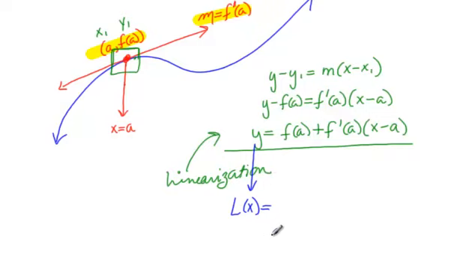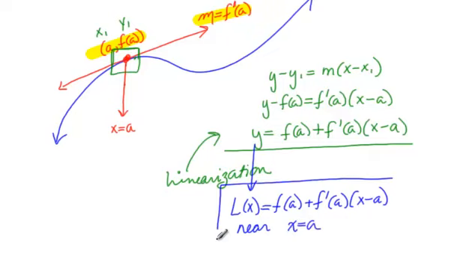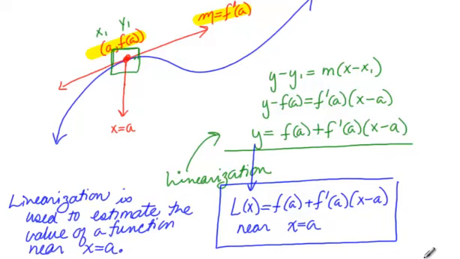So we say L of x equals f of a plus f prime of a times the quantity x minus a, and we say this is a linearization near x equals a. And what do we use this for? We use this to estimate the value of a function near a. So linearization is used to estimate the value of a function near x equals a.